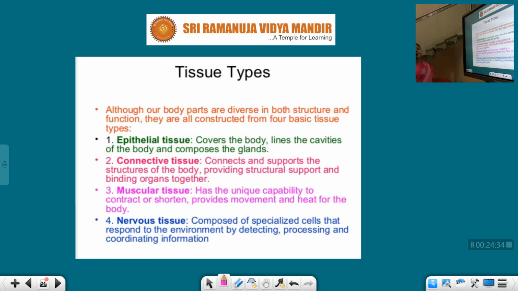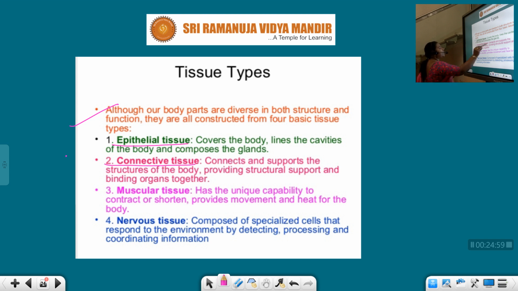Let us see the different types of tissues present in animals. Although our body parts are diverse in structure and function, they are constructed from 4 basic tissues. Actually, our whole body is made up of different tissues. What are those, children?